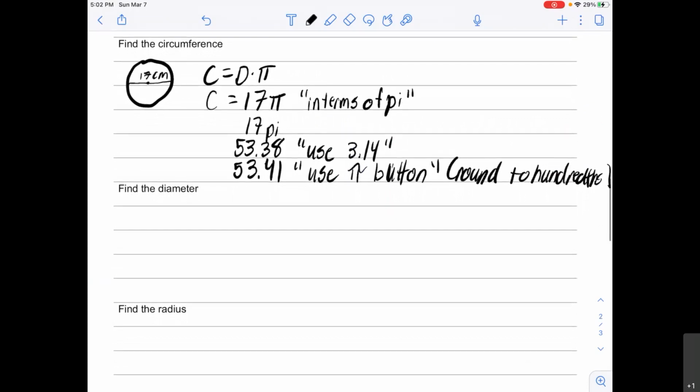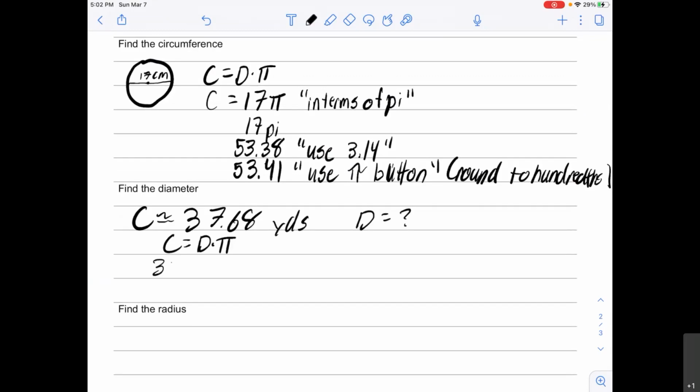We can also be asked to go the opposite direction. So if I told you that the circumference is about 37.68 yards, and I asked you to find the diameter, remember my formula circumference equals diameter times pi.